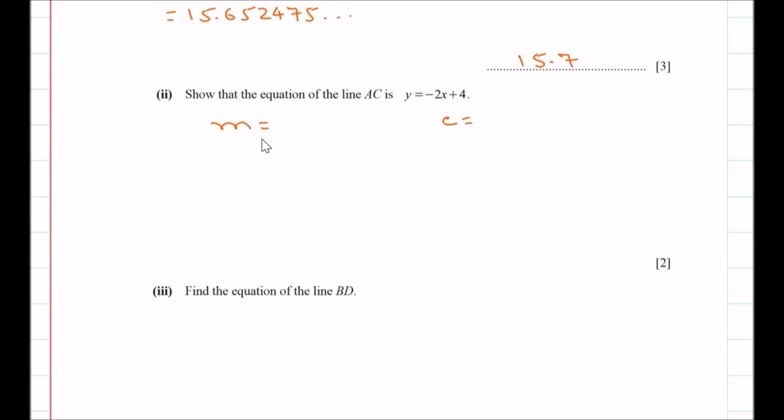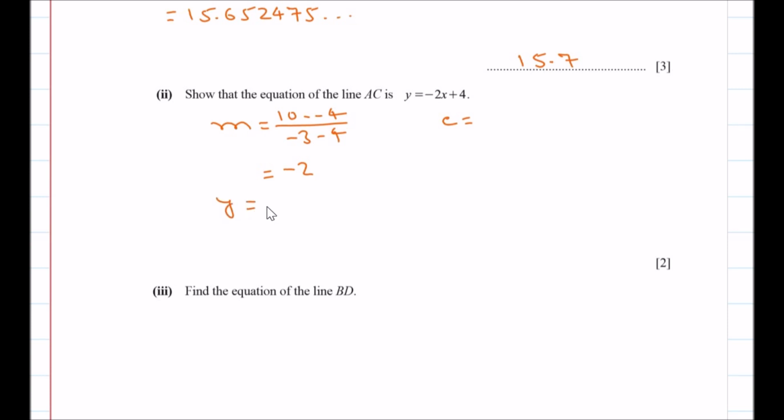Y-intercept, that is c. To find the gradient, we know the formula y1 minus y2 divided by x1 minus x2. So let's do 10 minus minus 4 divided by minus 3 minus 4, and that gives us minus 2.